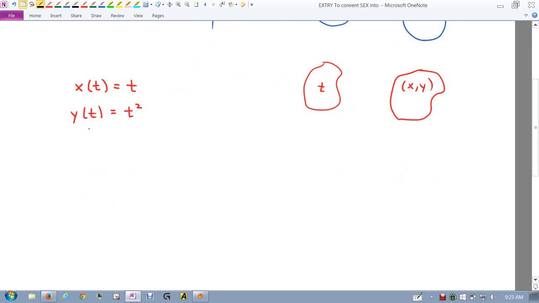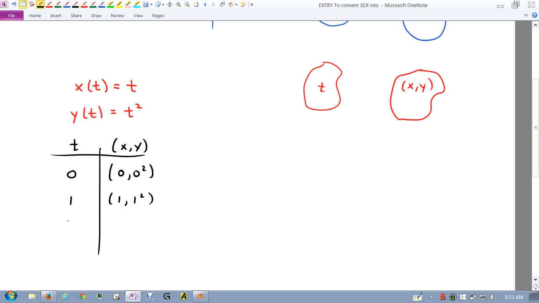And you can check it again. You could do a t table. T, x, y. So plug in 0, you get 0, 0 squared. Plug in 1, you get 1, 1 squared. Plug in 2, you get 2, 2 squared.